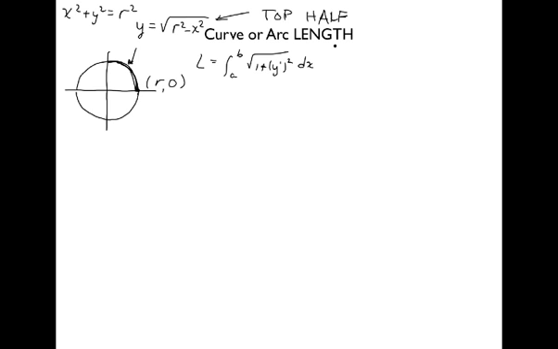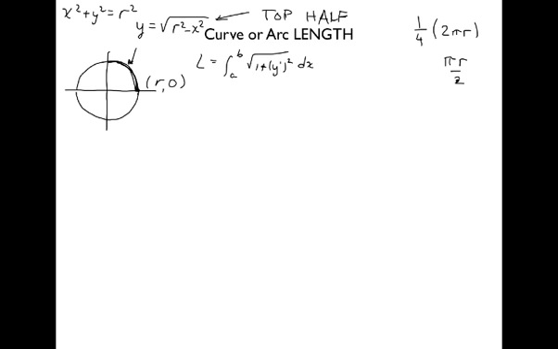So we're expecting 1/4 of 2 pi r, which is pi r over 2. Okay, so this is our target. We're going to find this length, and it ought to be pi r over 2, and then we've essentially proved that the circumference is 2 pi r.